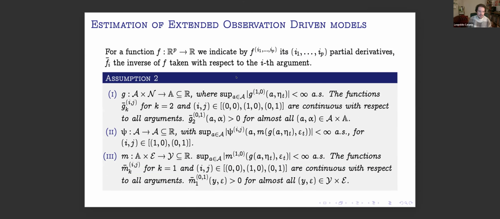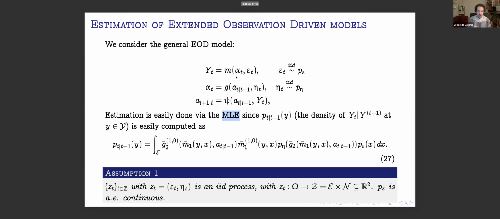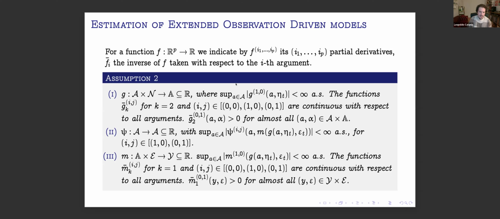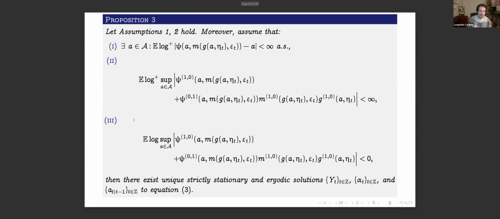So I have some regularity conditions, and I have many things to control because there are these m, g, and psi functions, and then I have the law of epsilon and eta. And so I need regularity conditions on all these things. Specifically, I need some conditions on derivatives of all these functions and existence of the inverses of all these functions and derivatives of the inverses of all these functions, plus some moment conditions.